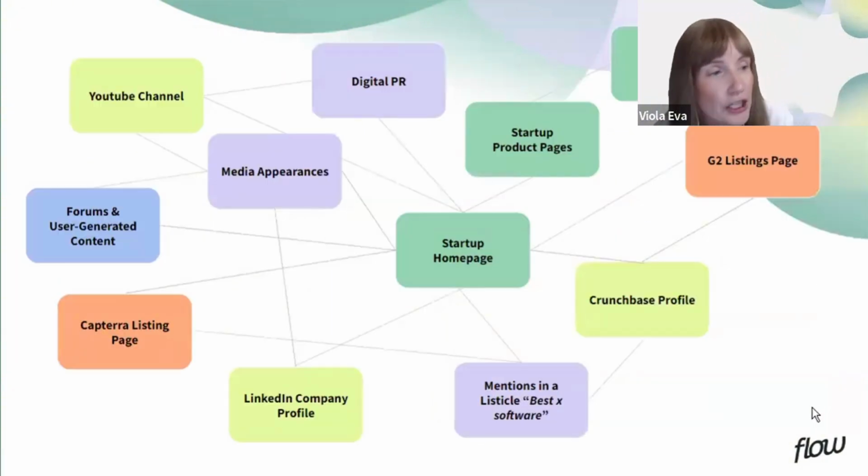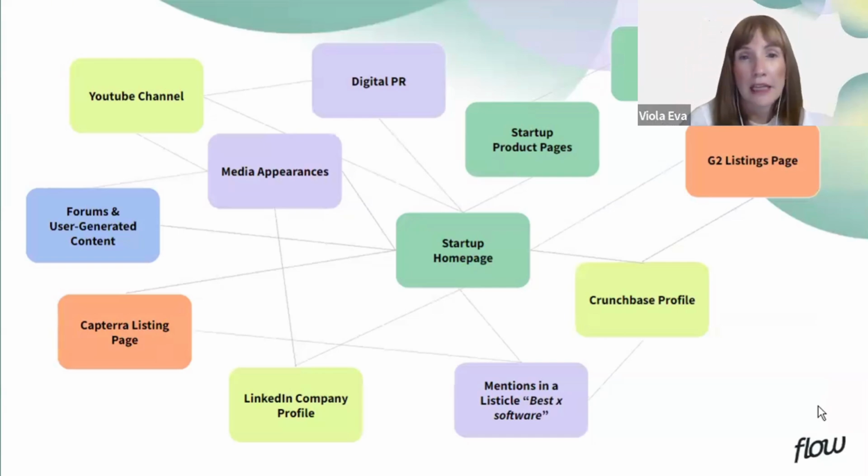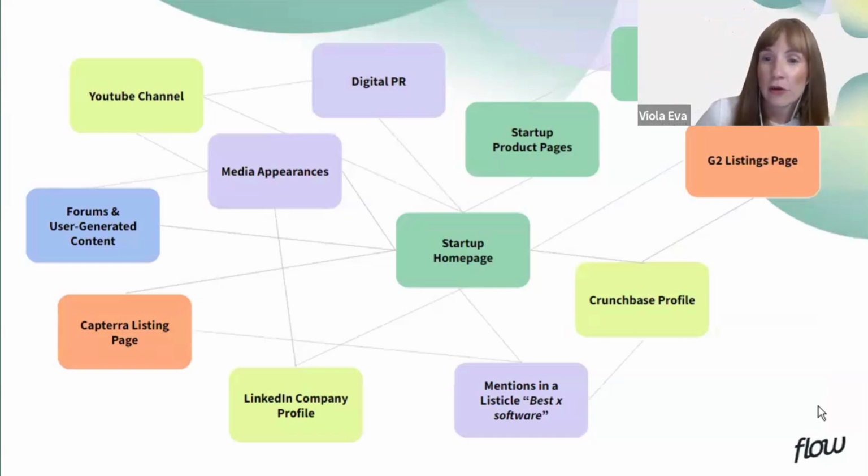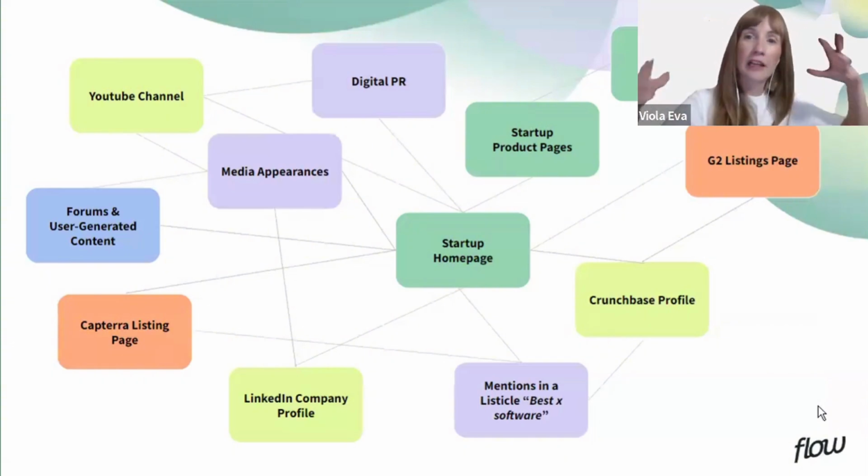The call here is, let's think about SEO a little bit broader. In dark green, we have the web properties that we own and can control. So that's our own startup homepage, our product pages, our blogs. Yes, we need to align with different teams, people from product marketing or the leadership team.